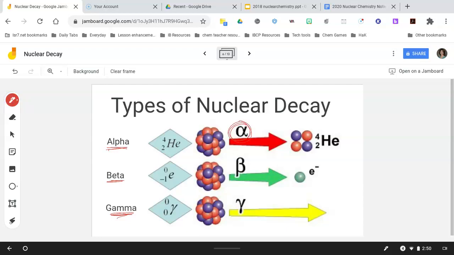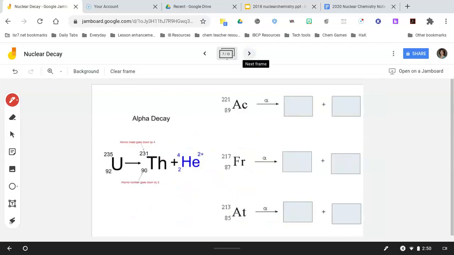An alpha particle will also be represented by the element symbol for helium, because, as we're going to look at here, an alpha particle is a helium nucleus. So helium is element number 2. Here's an example of one way you can write an alpha particle. Helium nuclei have 2 protons.